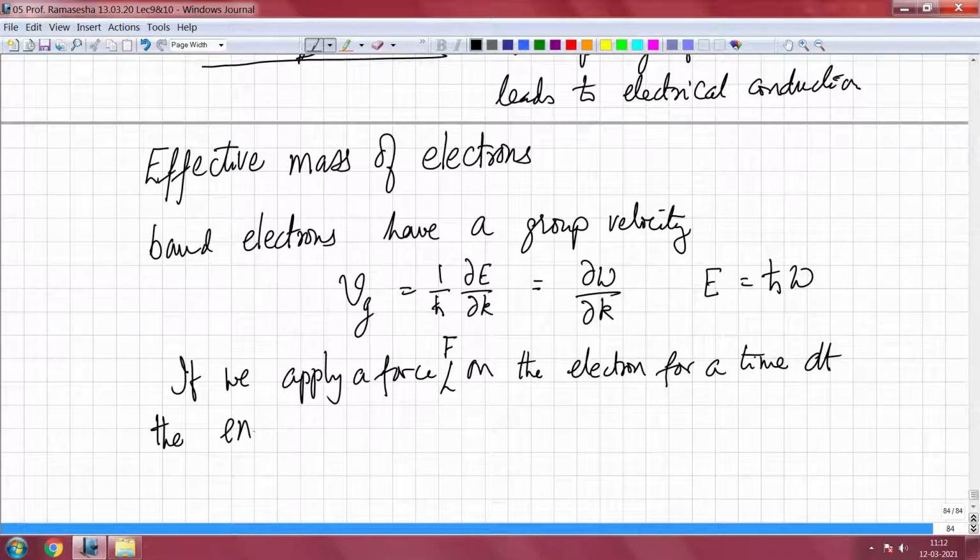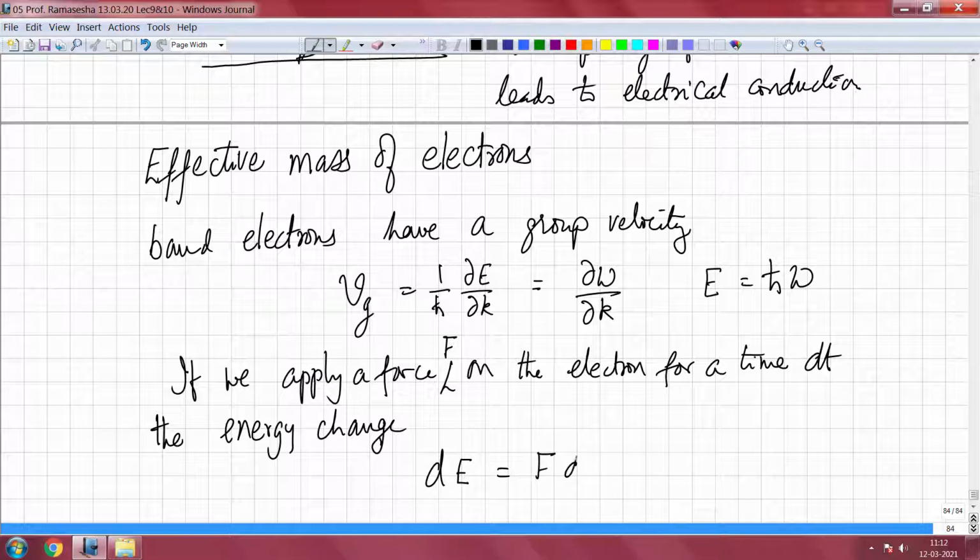The energy change dE is equal to F dx equal to F Vg dt.